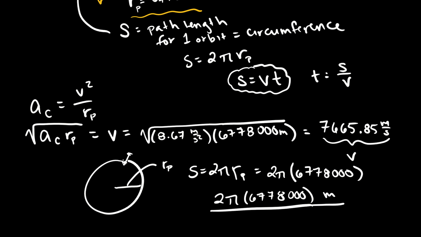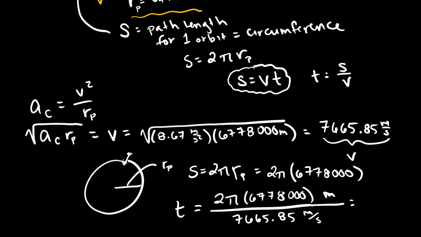We know our velocity was 7665.85 meters per second. My meters are going to cancel, and dividing by 1 over seconds, we end up with seconds. So this is going to be equal to the time in seconds.